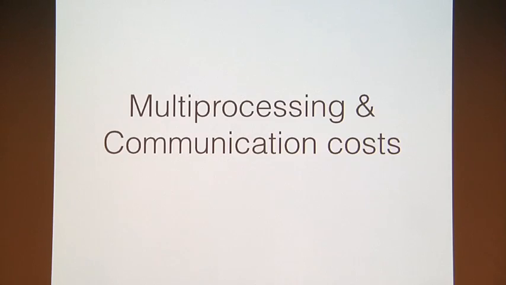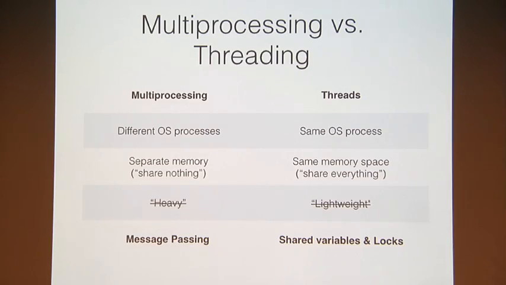All right. Today, I'm going to talk more about multiprocessing and communication costs, which we talked about last lecture. The difference between multi-threading and multiprocessing is really that you have separate OS processes, but as we talked about, under the hood those are basically the same.